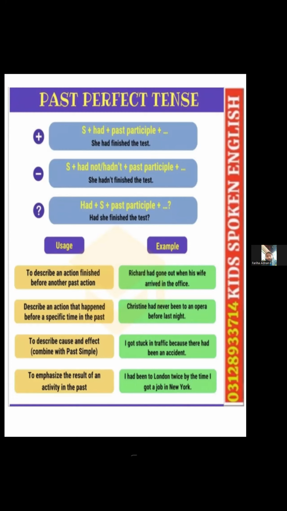She had finished the test. Finished is the third form of finish. And in order to make the negative structure, we have to make it like this: subject plus had not, or hadn't, plus third form.